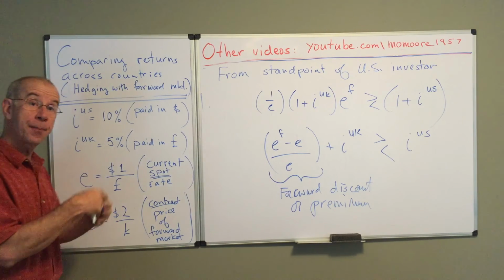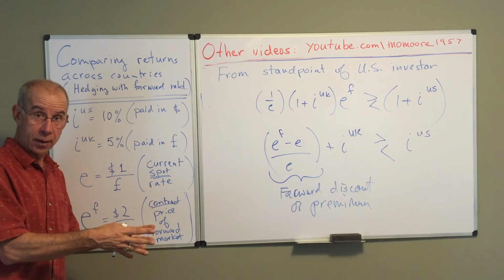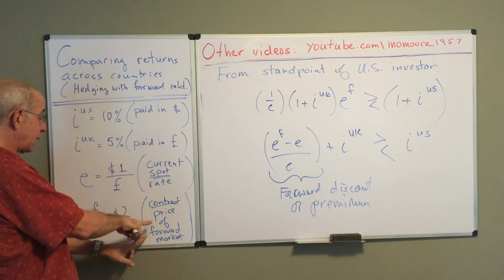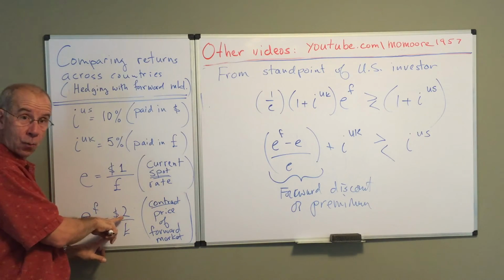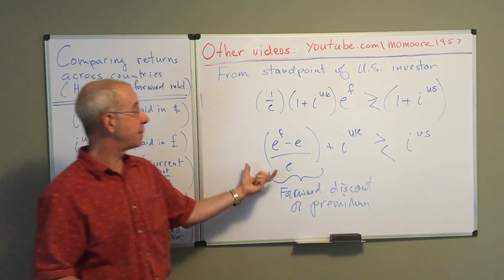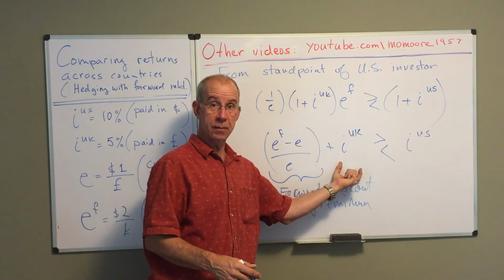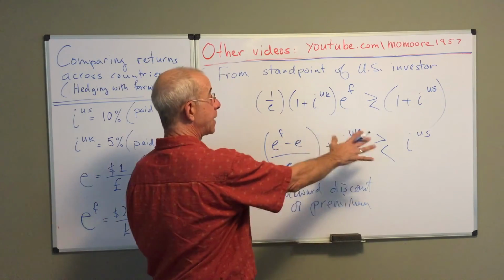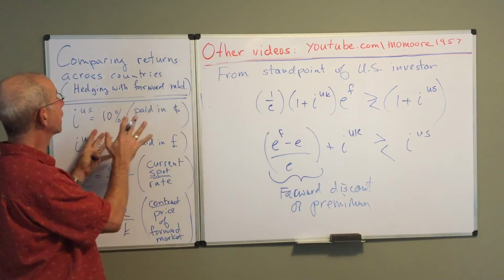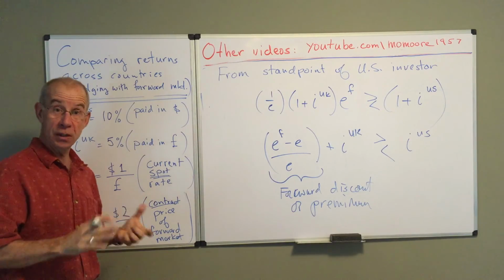So the pound is at a premium in the forward market. So if the pound is at a premium, that is you having to bring more dollars to buy a pound, or a pound buys more dollars, that's going to make the UK investment more attractive. So this is the comparison of the two potential investments using the forward market.